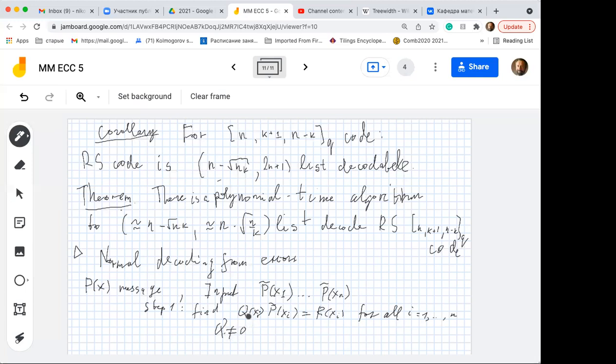And second, the degrees of Q and R are small. The degree of Q is at most e, the number of errors we want to correct.